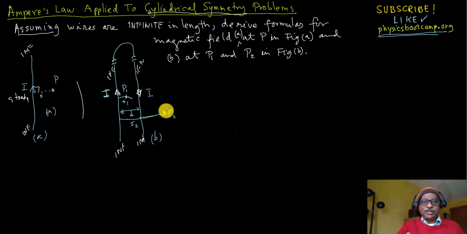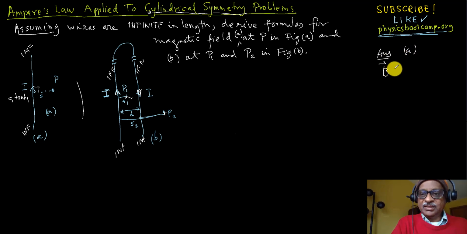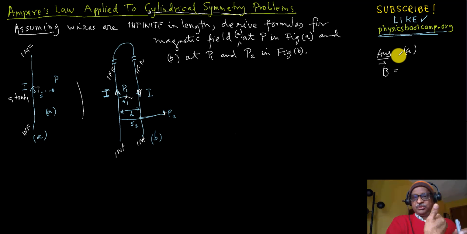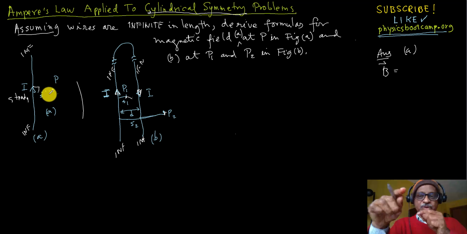If you know how to do this problem, you probably already know the answer to the problem in P. For A, the direction of B is given by the right-hand rule. You use your thumb along the wire and you rotate around. That's coming from the Biot-Savart law. So the direction comes from the Biot-Savart law, and that's going to be perpendicular, and in this diagram it is going to be going into the picture.